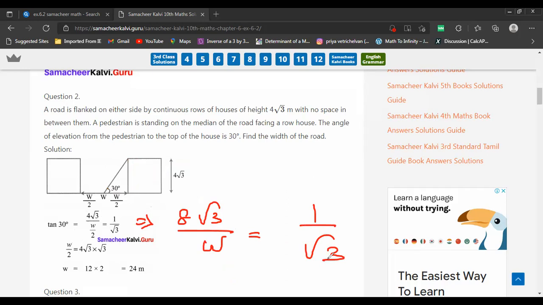So what is W? You can do the cross multiplication. It's 8 root 3 into root 3. It will become 3. So W equals 8 into 3, which is 24.